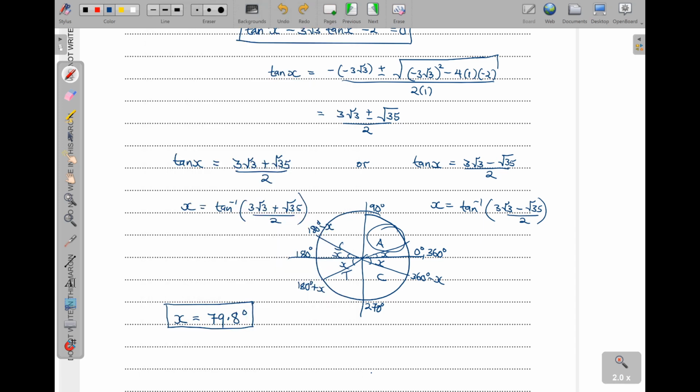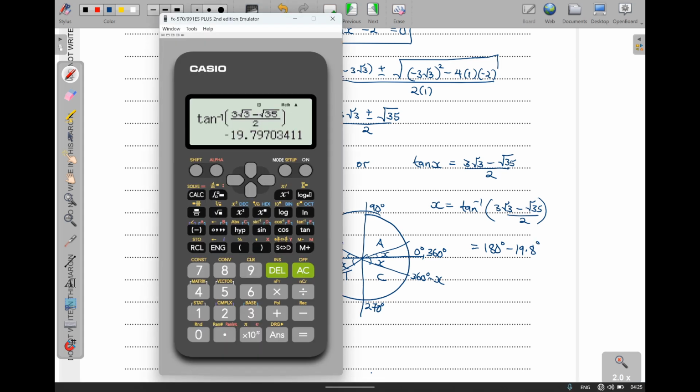That is the second quadrant here. So how do we get the angle? It is 180 minus that. So we shall have 180 minus 19.8.